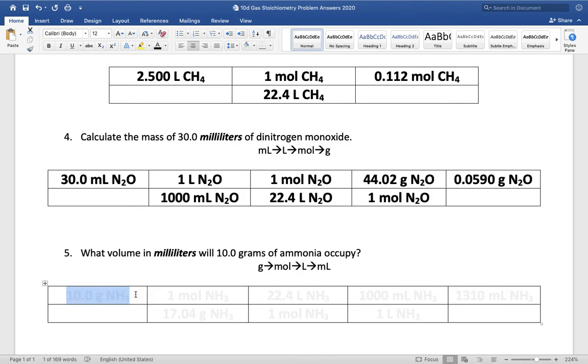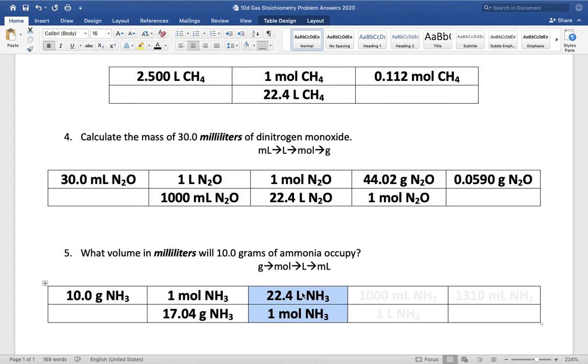So writing down what I know, 10 grams of ammonia, NH3. Periodic table says that's 1 nitrogen plus 3 hydrogens. So 14.01 plus 1.01 plus 1.01 plus 1.01. Then that gets me to moles. I can use my standard molar volume of 22.4.